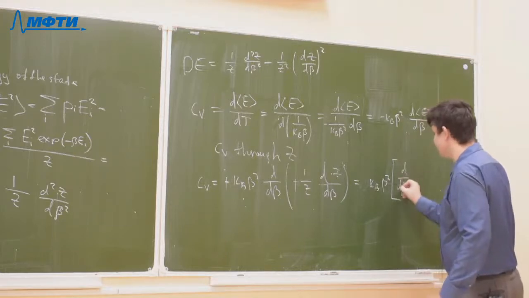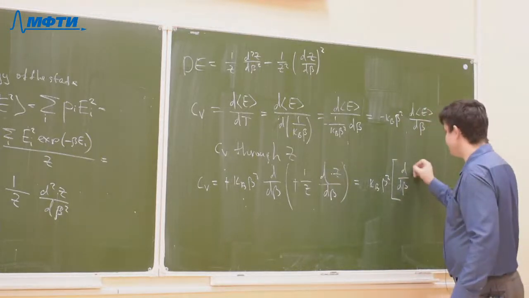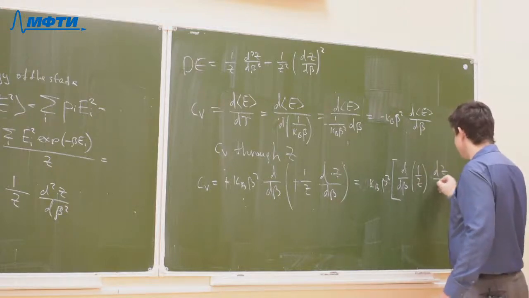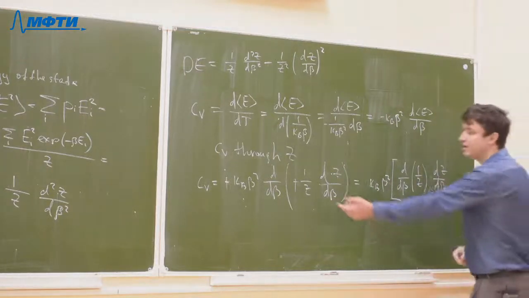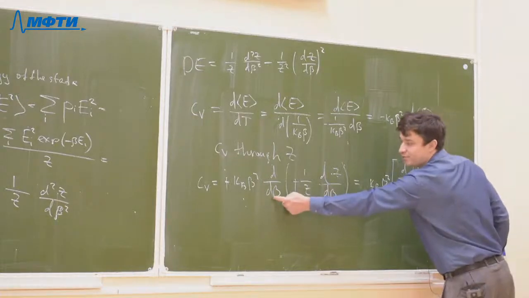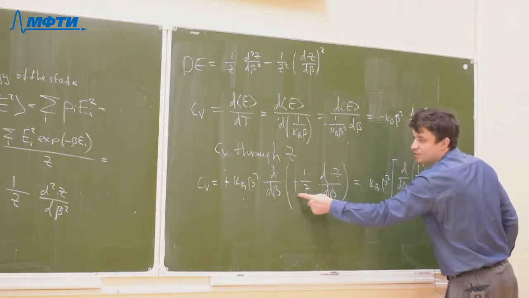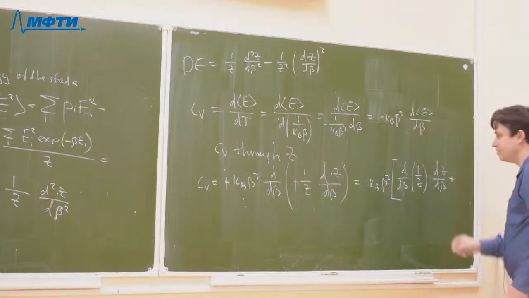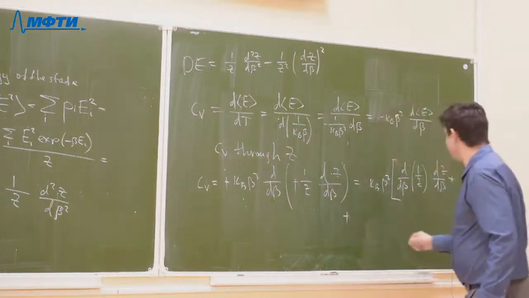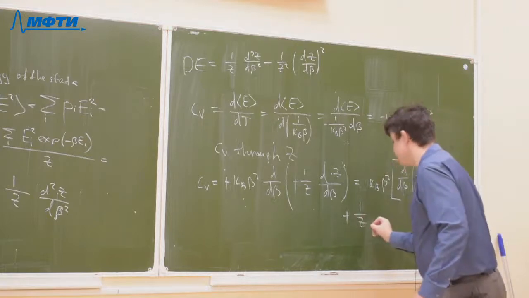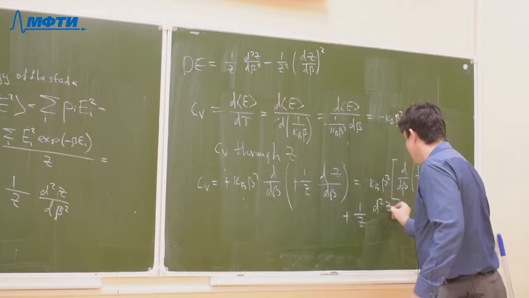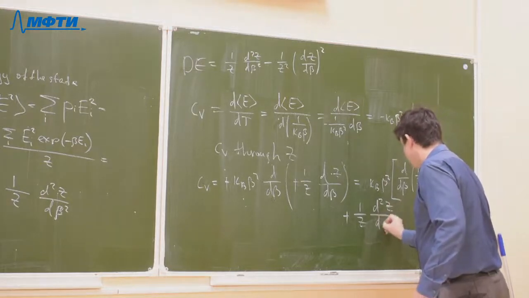Using the multiplication rule, I get d over d beta of 1 over Z multiplied by dZ over d beta. So I apply this derivative operator to the first factor of my multiplication. Then plus, again, 1 over Z multiplied by the second derivative of Z over beta.